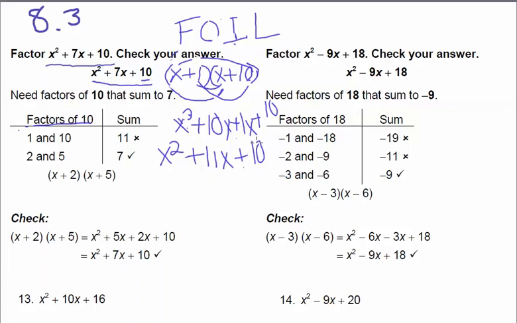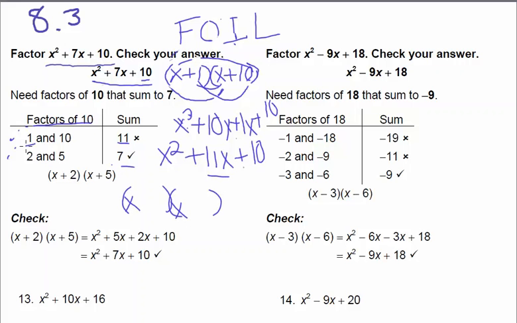So instead of doing trial and error every time, there's a little shortcut you can do, which is after you pick your factors, which we did here, 1 and 10, 2 and 5. Once you pick the factors, then add them together. 1 plus 10 is 11, just like I got 11x here. That doesn't work. 2 plus 5 is 7. That does work because I wanted a 7x. So now when you put your parentheses, I start with my x and x. I knew I was going to use x and x.